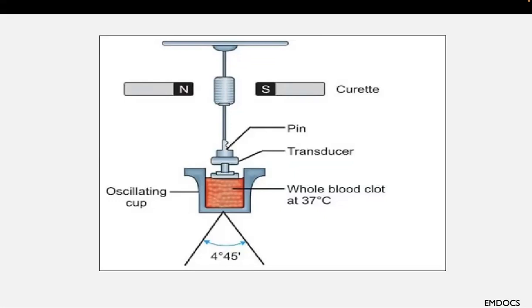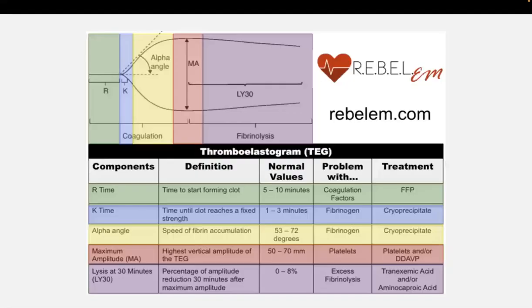The degree of the pin movement is a function of the clot kinetics, so basically the movement of the clot. And the magnitude of the pin movement is a function of the mechanical properties of the clot. So the cup will oscillate, and the pin that is attached to a wire will then give a drawing. We'll go through what the drawing is.